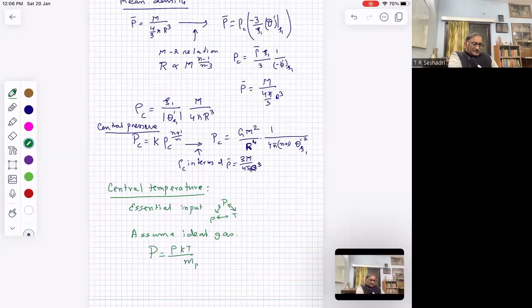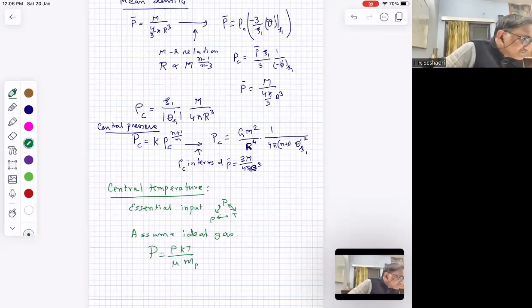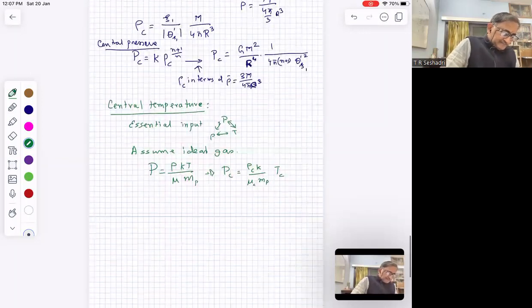The mean molecular weight. Exactly, the mean molecular weight. So the central pressure will be equal to the central density times the Boltzmann constant, divided by the mean molecular weight at the center times the mass of the proton, times the temperature at the center.